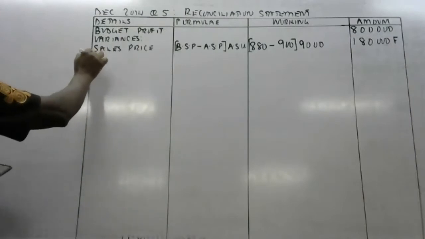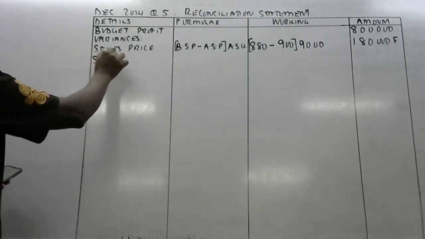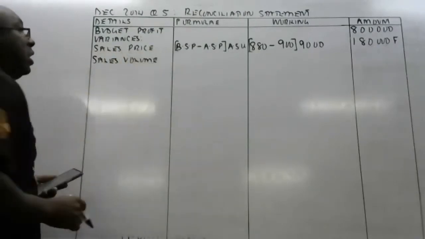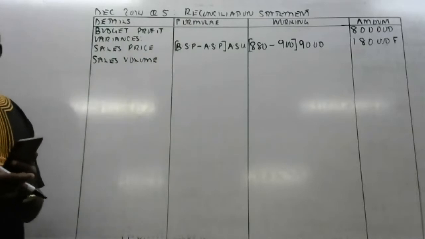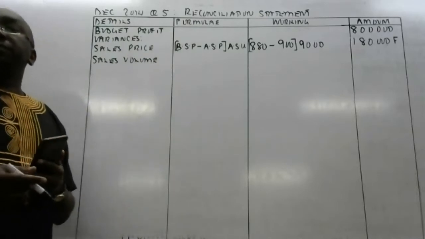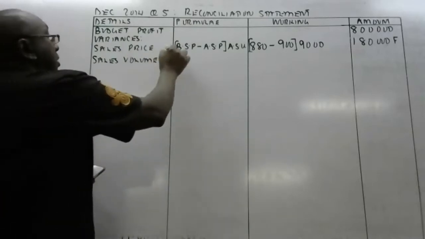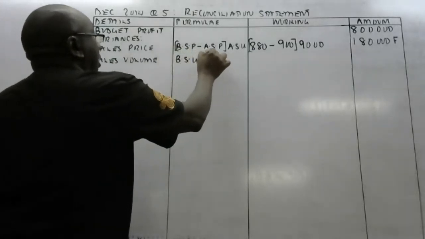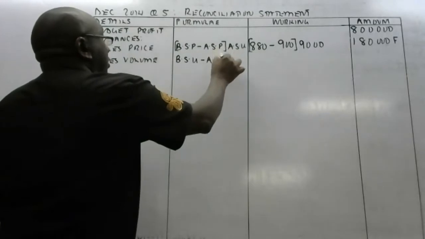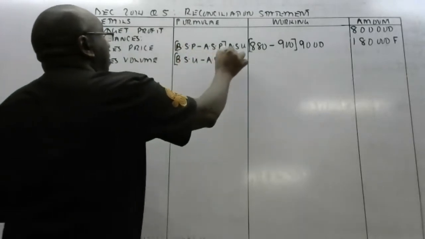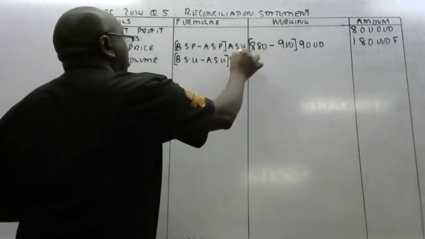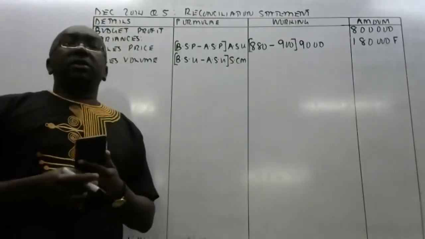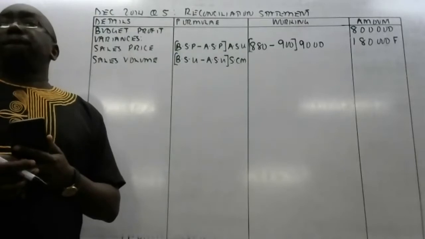Huyo mwingine unaleta ni sales volume. So sales volume, the formula is budget sales units minus actual sales units. You multiply by standard contribution margin.